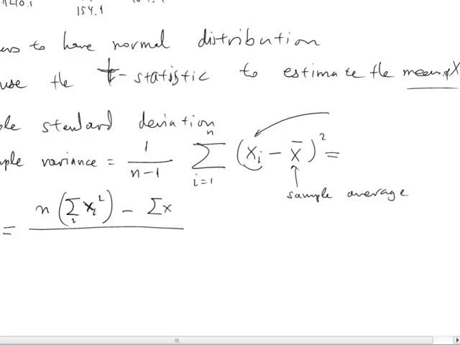Minus the sum of the x sub i's, which you already need in order to calculate the sample average, squared again. Divide this difference by n times n minus 1. Take the square root of the sample variance, and then you have the sample standard deviation. Now, this is nicely done with Excel, and this is what I'm going to do to complete that calculation.